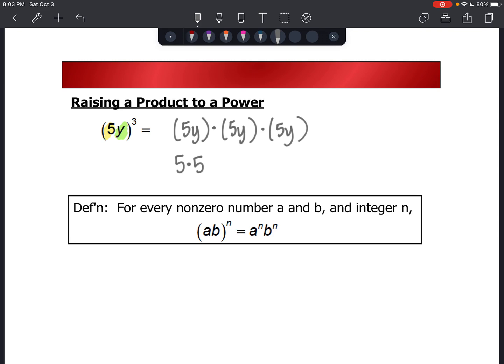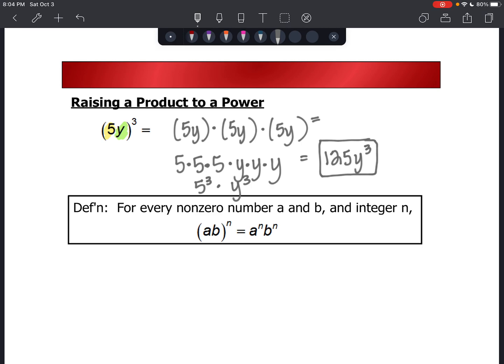And then I can say, well, let me take all of the 5's and multiply them together. And I'm just reorganizing the y's together. So that's 5 cubed times y cubed. And 5 cubed is 125. And then y cubed just hangs around there, and we get 125 y cubed.